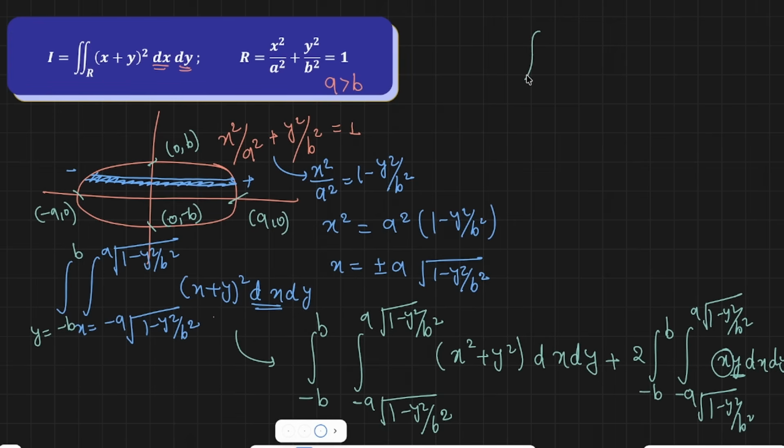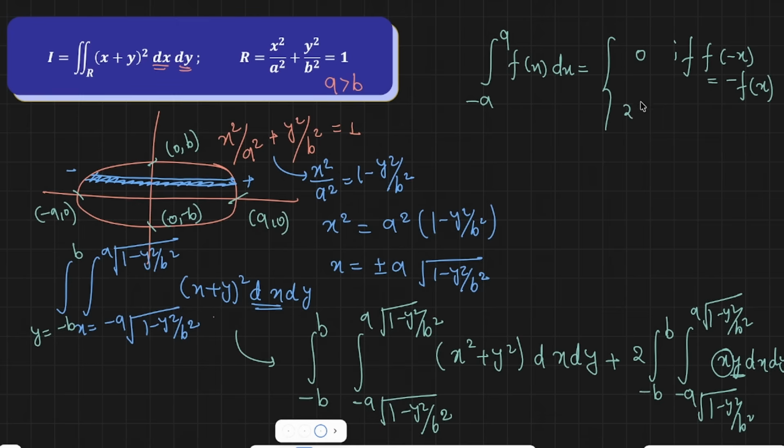What is that concept? The integral from minus a to a of f of x dx equals 0 if f of minus x equals minus f of x, or it will be twice the integral from 0 to a of f of x dx if f of minus x equals f of x.